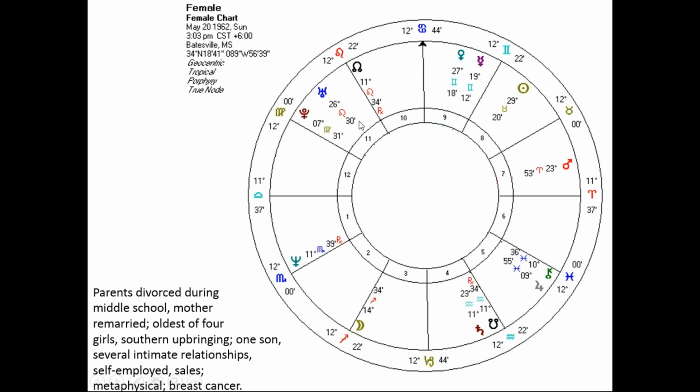And then afterwards, Neptune square the nodes, people would wonder, what happened? What did I just agree to? She would go through the highs of highs and the lows of lows. This is something that I noticed with Neptune square the nodes.